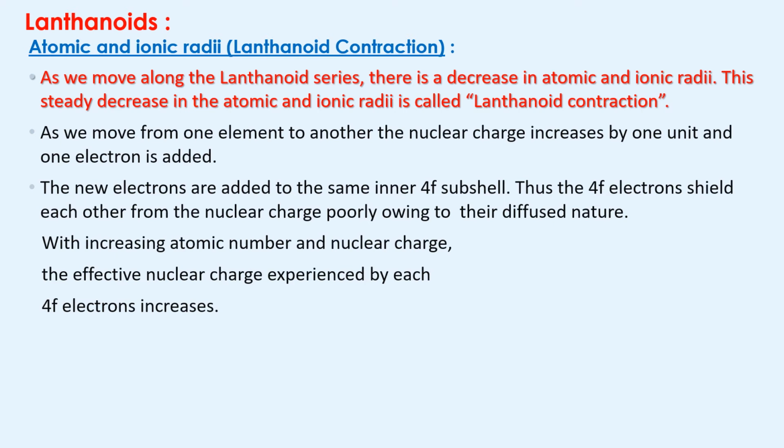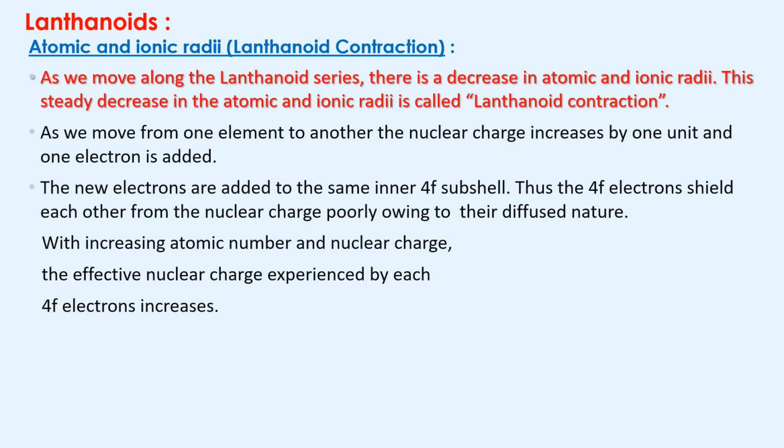So with increase in atomic number and nuclear charge, the effective nuclear charge experienced by each 4f electron increases. This is the reason why atomic size and ionic radii decrease as we move across the lanthanide series.